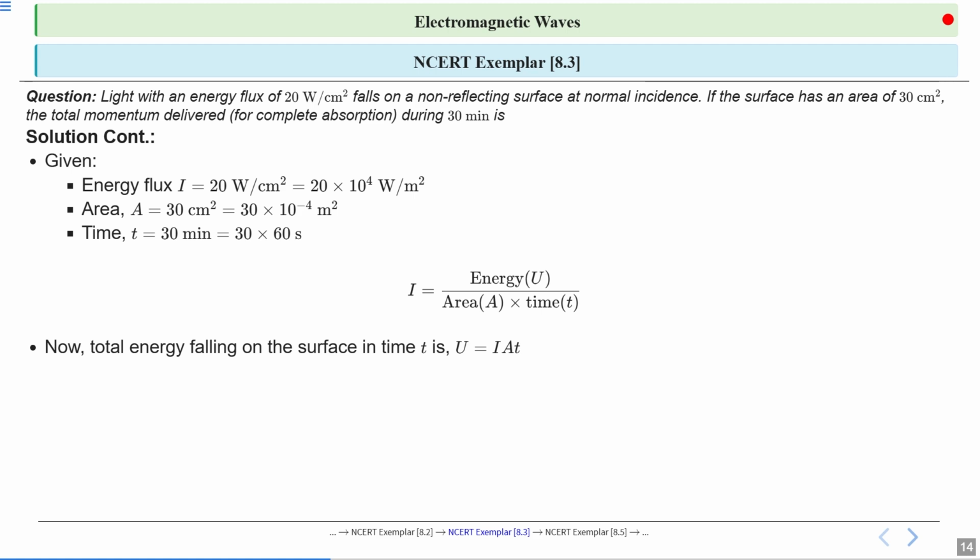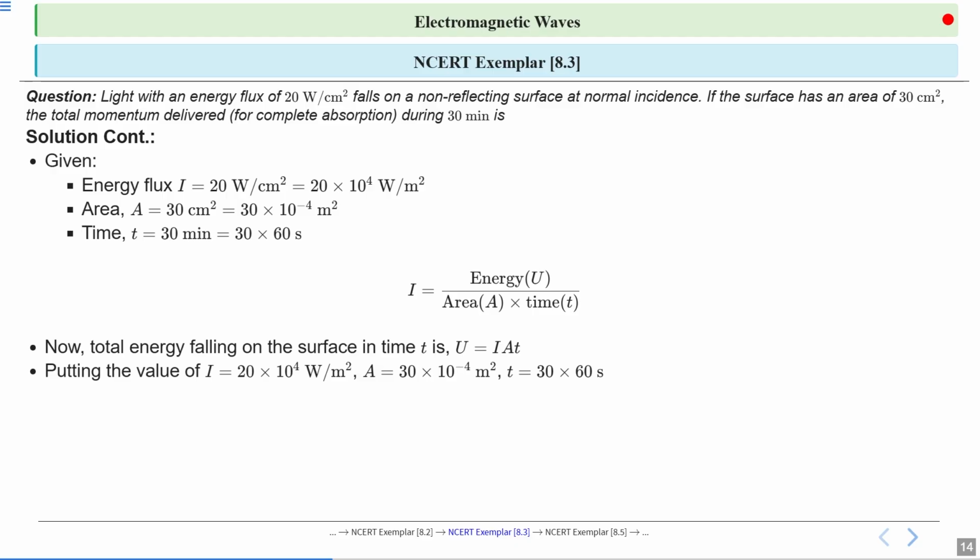We are interested in finding the energy because momentum delivered, for a perfectly reflecting surface, is P equal to 2U upon C. But for a non-reflecting surface, momentum is given by P equal to U upon C. So the total energy falling on the surface in time t is U equal to IAT.